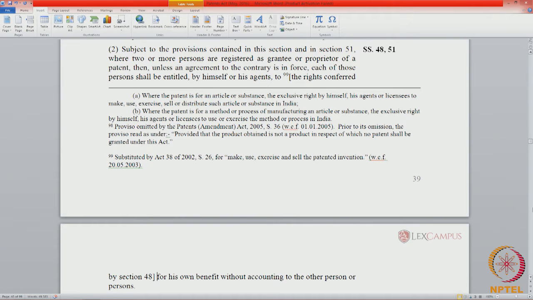For instance, if there are three grantees A, B and C, and there is an infringement that A detects, A can initiate action for infringement, because A's rights under section 48 involve his right to exclude any person without his consent from making, selling, offering for sale, using or importing the invention. So if any of these acts happen, A can take action against the infringer.